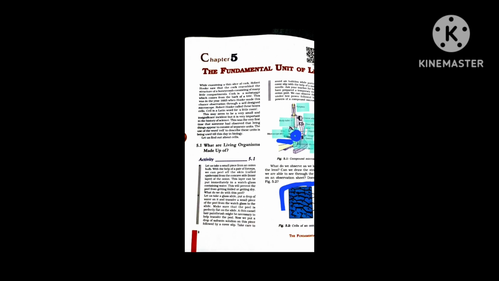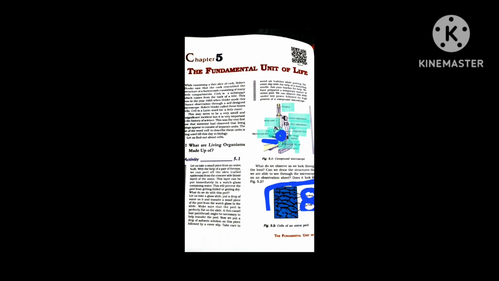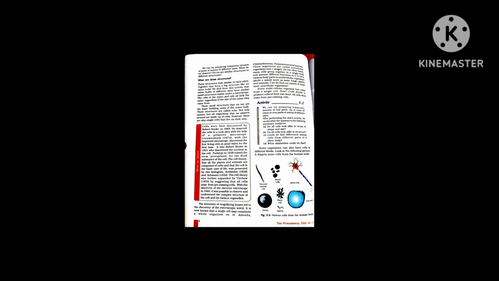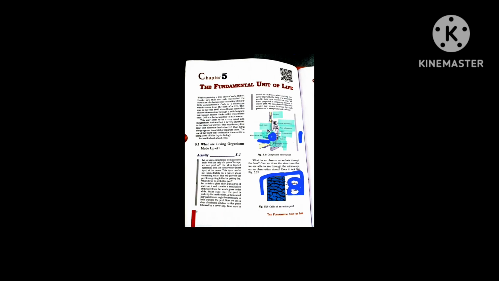What are living organisms made up of? Before that, we have an activity 5.1. We will see it in the next video. Next, we can try preparing temporary mounts of peels. Let me give an explanation about this activity.